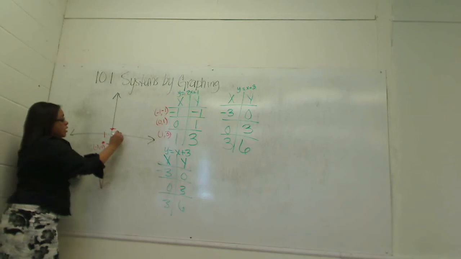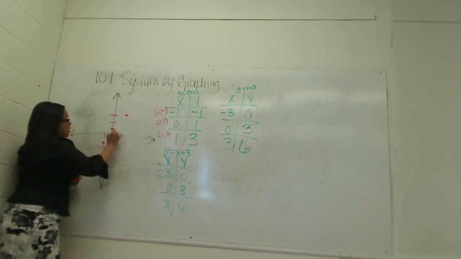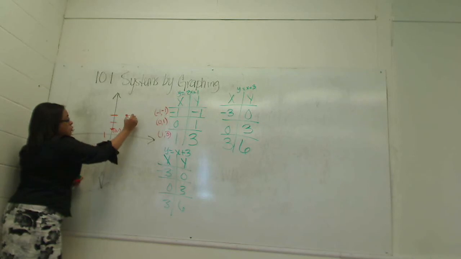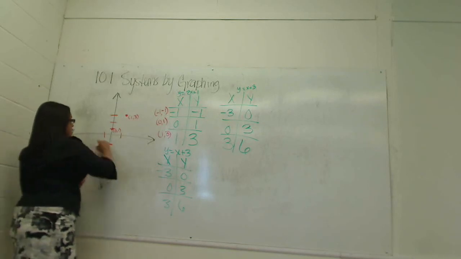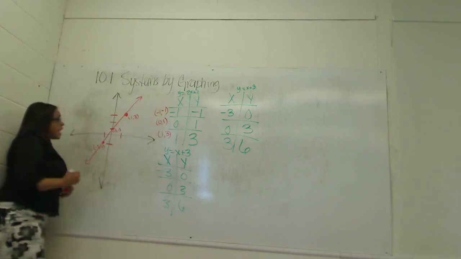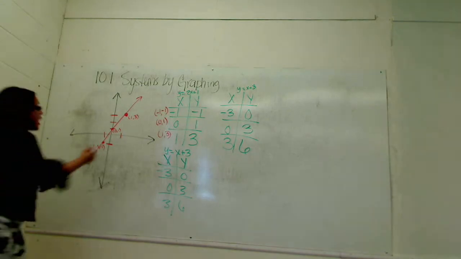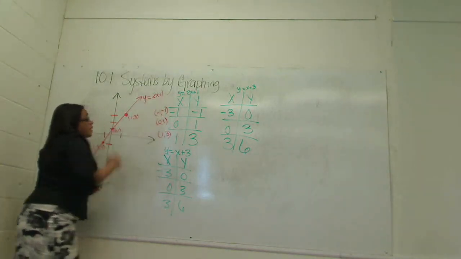The next one, over 1 and up. That was 0, 1. This was 1, 3. I can't draw that well, sorry. So you connect your dots as such. This is the line y equals 2x plus 1.